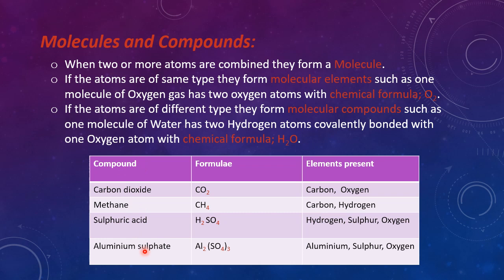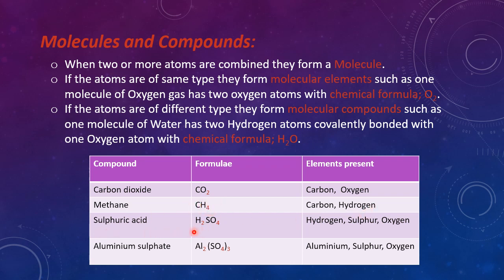Now here some compounds and their formulas are written, along with the elements present in them. Number 1 is carbon dioxide. Carbon dioxide is made of carbon and oxygen, CO2. Methane, CH4, is carbon and hydrogen: 1 carbon atom, 4 hydrogen atoms.